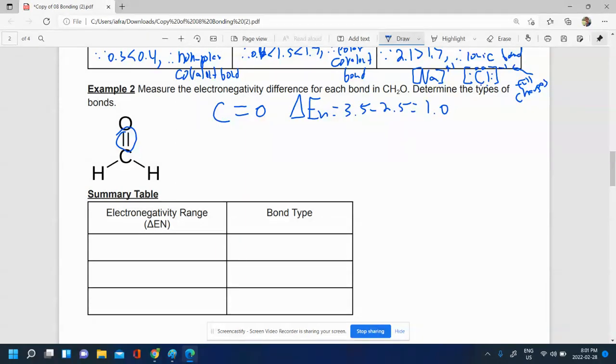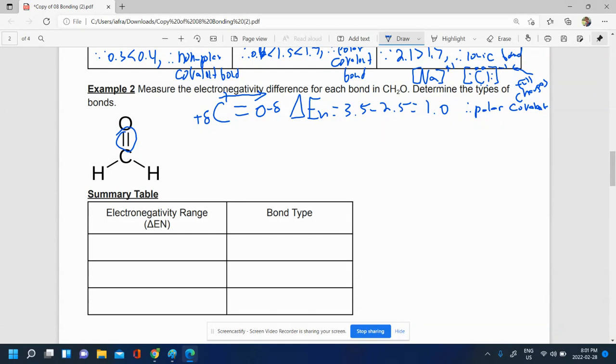And so what this means is that we have a polar covalent bond. And if you want to show that bond polarity, we could simply do an arrow pointing towards oxygen since it's more electronegative, and it would be a partial negative charge, and on the carbon, a partial positive charge.